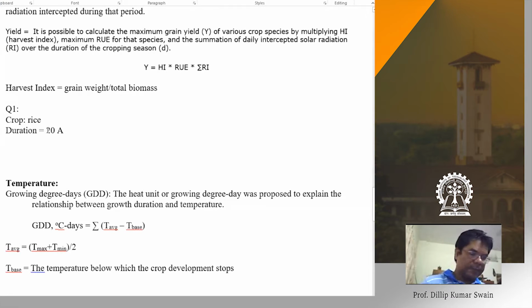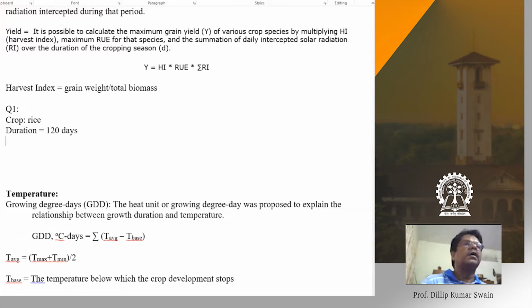And the leaf area index, LAI, average LAI is equal to 2.0. Then you have the K value, the extinction coefficient, that is equal to 0.65.